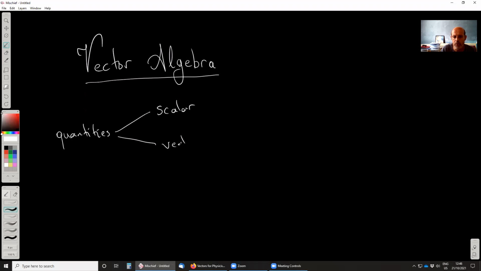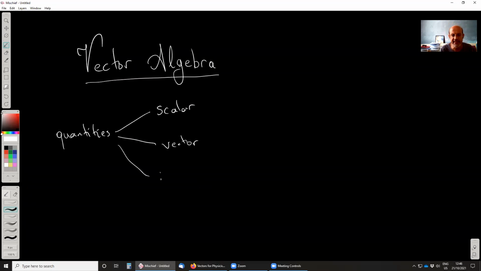So what's the idea in here? I have talked about quantities before, and I have said that this is one of the features of quantities in physics. Some quantities are scalar quantities, and some quantities are vector quantities, okay? It appears that there are also other kinds of quantities as well.